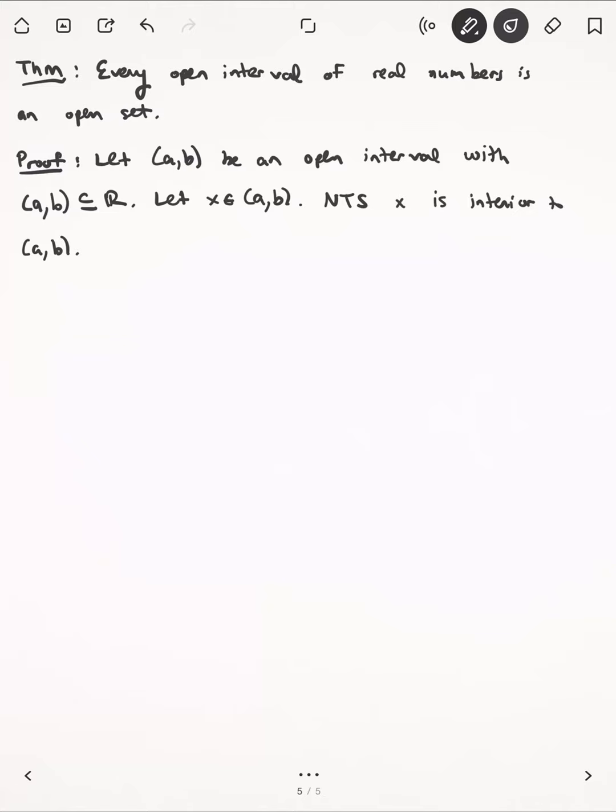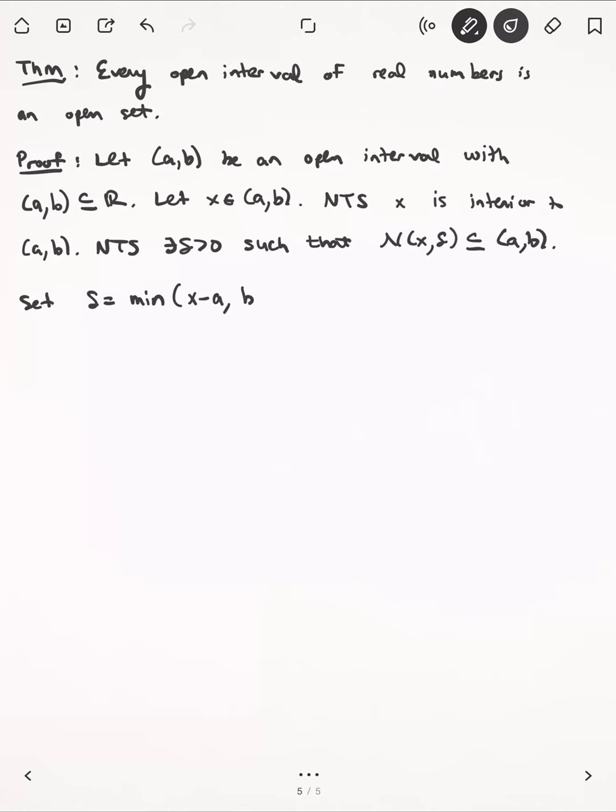So we need to show there exists a delta greater than 0 such that the delta neighborhood of x is a subset of (a, b), right? So set delta equal to the minimum of x minus a and b minus x.